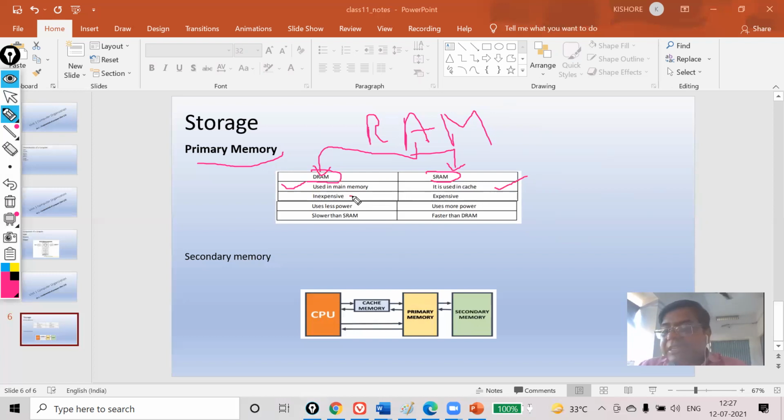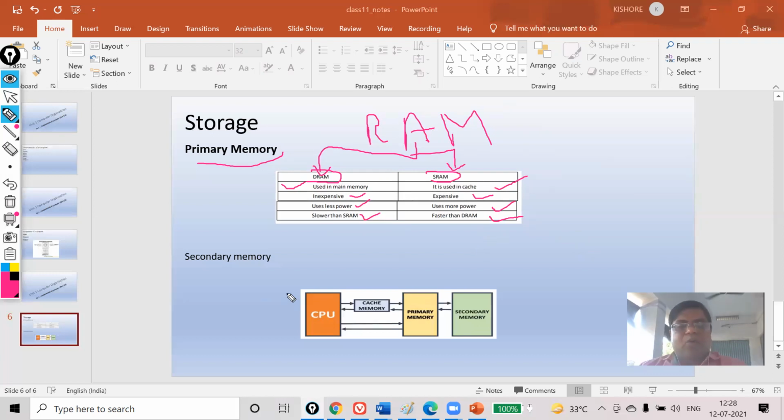DRAM is inexpensive, whereas SRAM is expensive. DRAM uses less power, and SRAM takes more power. DRAM is slower than SRAM, but SRAM is faster than DRAM.